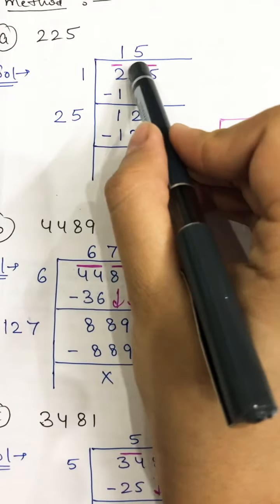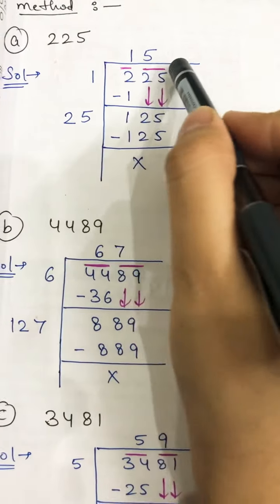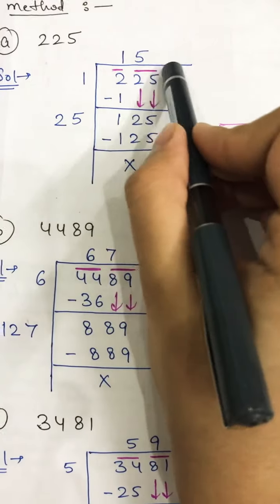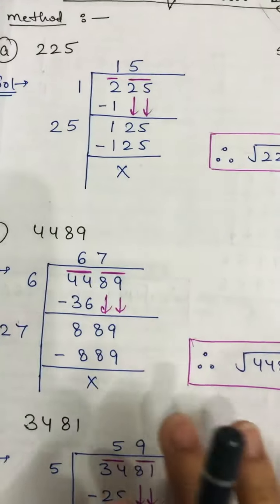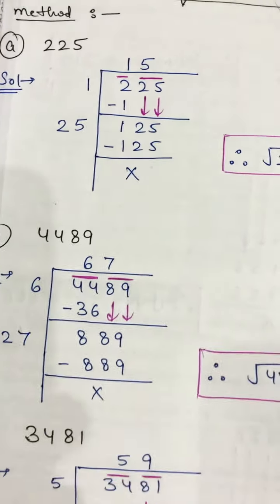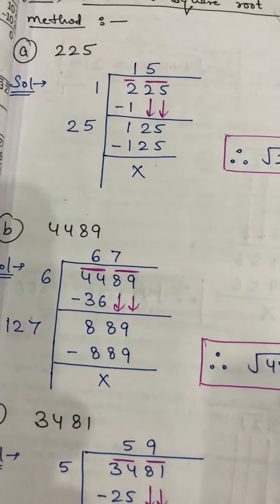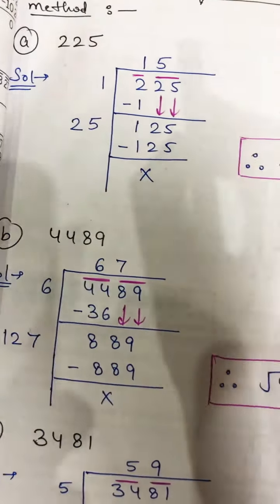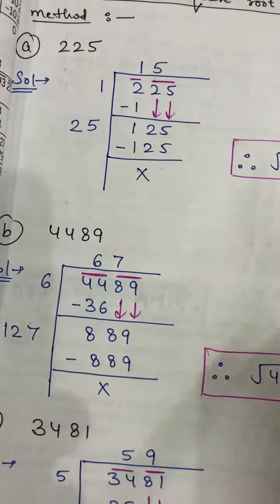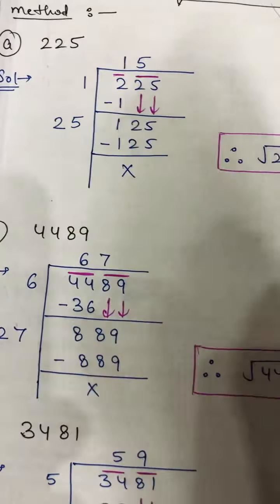Make the pairing first of all. This one is single, so make a small bar here. Whenever we do this division, you have to place a bar starting from the last digit.